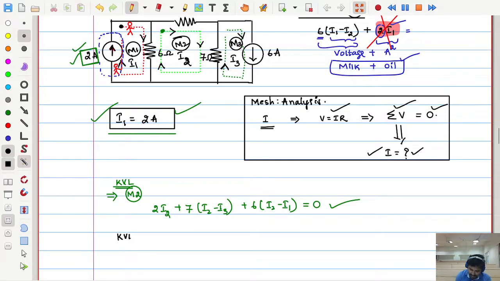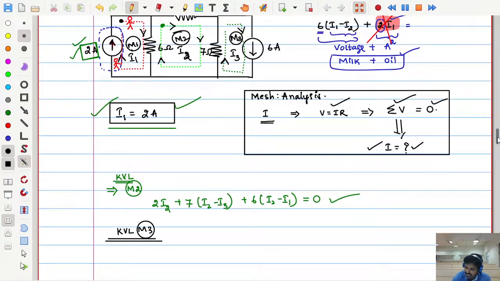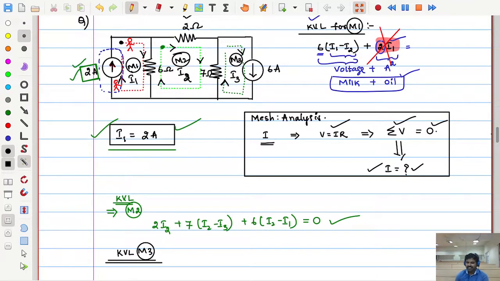Now it's your turn. KVL for mesh 3. Now tell me, what is the KVL for mesh 3? The moment you observe your area, left and right side completely, see whether there is any friend who is only a friend to me and whose nature is current. Got my point? I have a friend in this area.